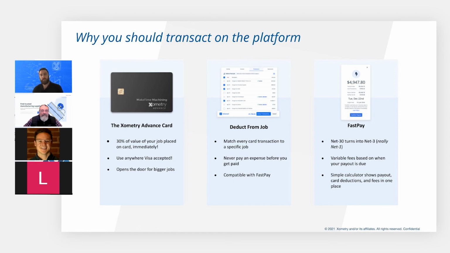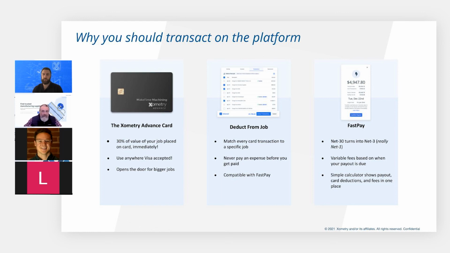The reason that's there is because we heard from our partners, hey, it's weird to account for getting 30% up front, and then I spend $100 on material and $50 on some tooling, and I want that tagged to a particular job for accounting purposes so that it's tied together with my payout.